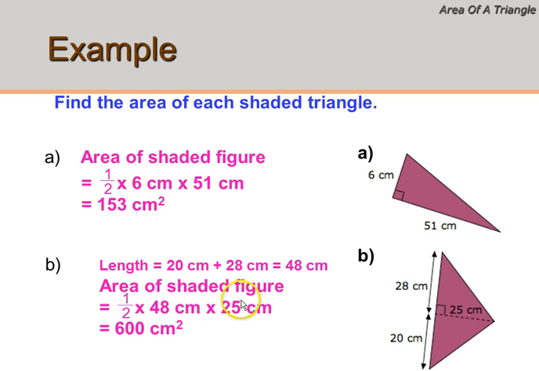And next, the area of shaded figure B, let's determine the length. This length, which is 48, can also be the base of the triangle, and this 25 cm here is the height of the triangle. So the calculation is half of 48 times 25, which should give you 600 cm squared.